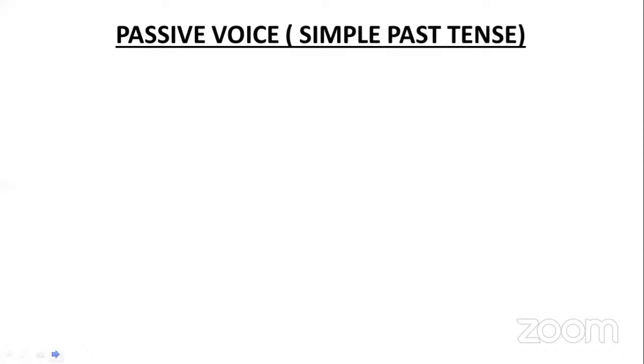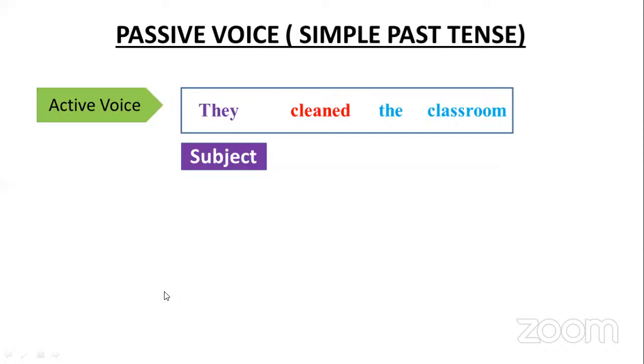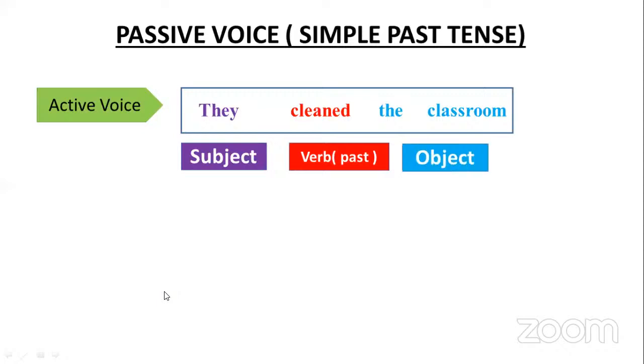Right. First of all, let's look at the active voice sentence. They cleaned the classroom. They is the subject. Cleaned is the verb, the past tense of the verb. And the classroom is the object. We have to change the object into the subject.